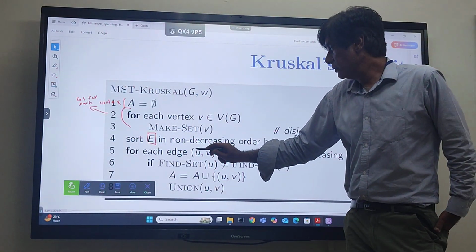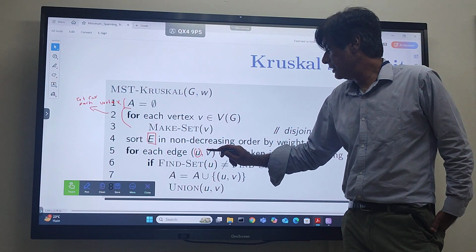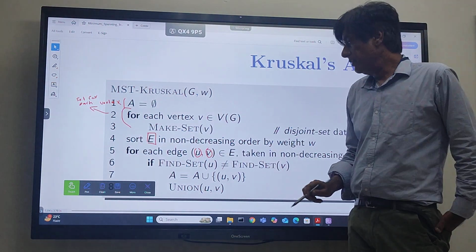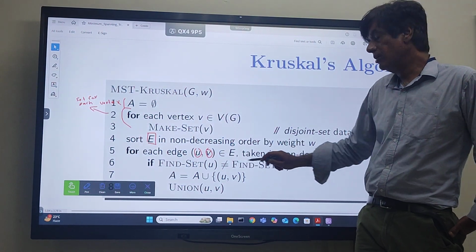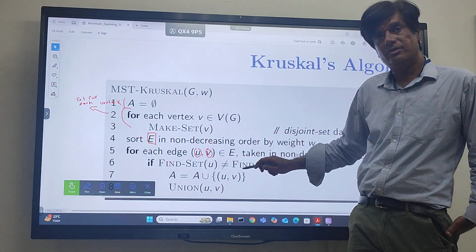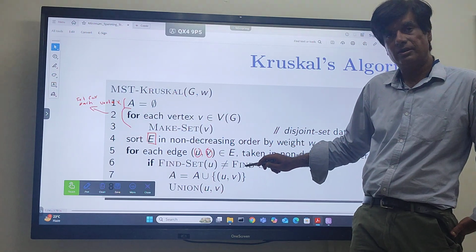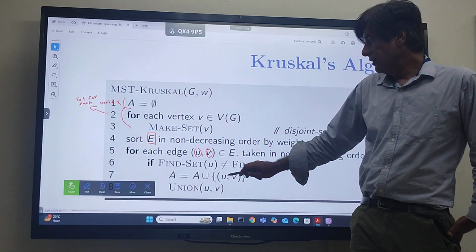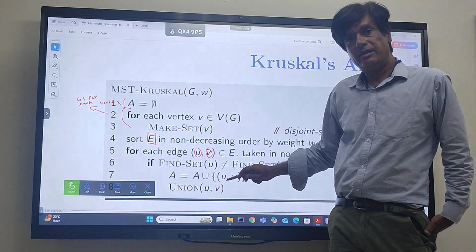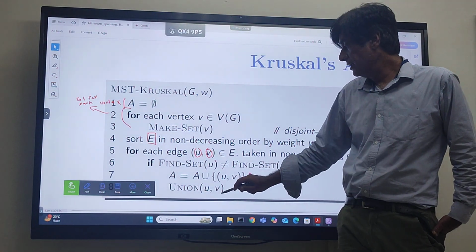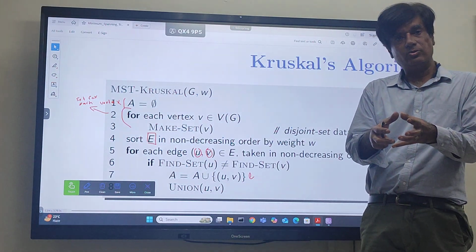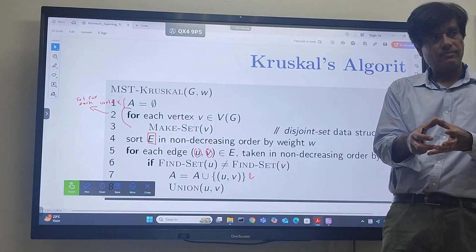The two endpoints are U and V, and we check if U and V belong to separate sets or the same set. If they belong to different sets, we include the edge in A, and we merge the two sets together.